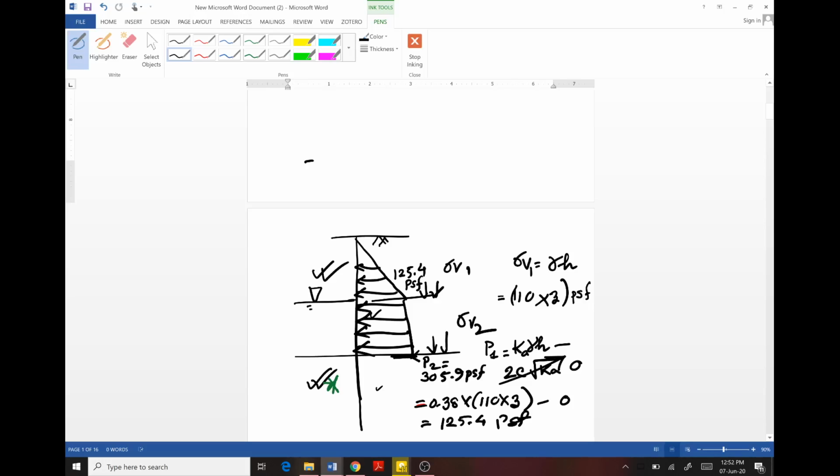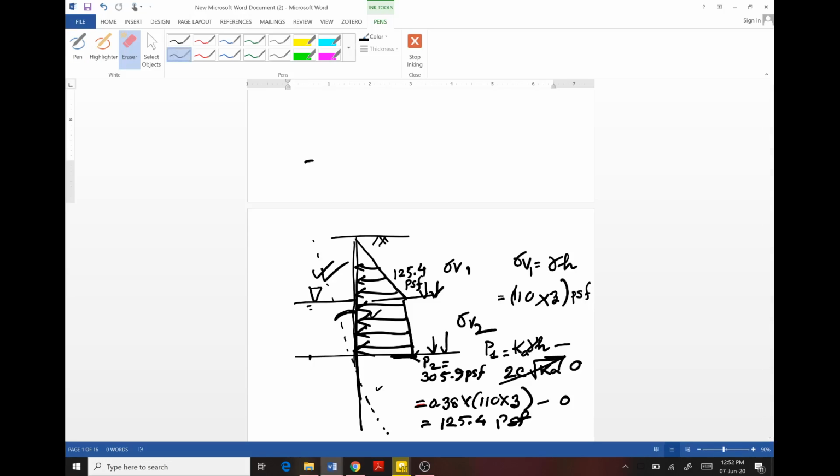As I have discussed, this active thrust tries to deflect the sheet pile in this way, and passive thrust from this region again neutralizes it and moves it back towards its initial point. So minus 2395 is actually the passive thrust.